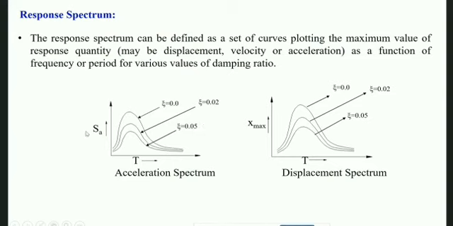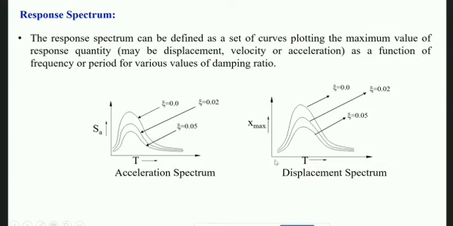And this acceleration is called spectral acceleration because it is the maximum acceleration. That means over a spectrum, a large horizon, we are just picking up the maximum value. So that is why it is called spectral acceleration.